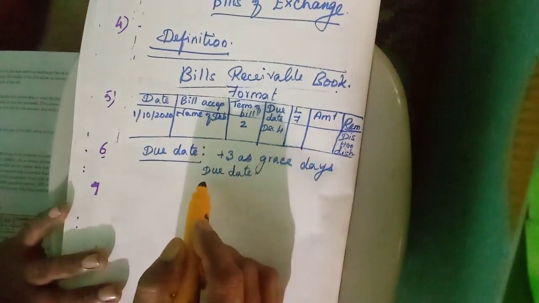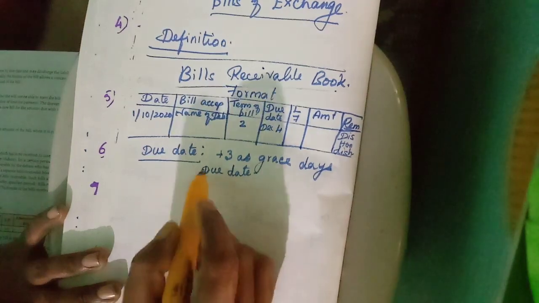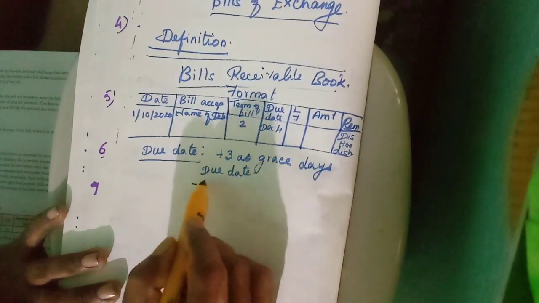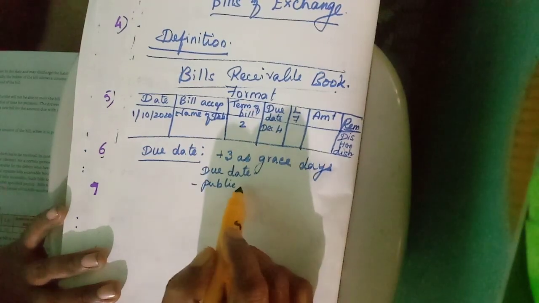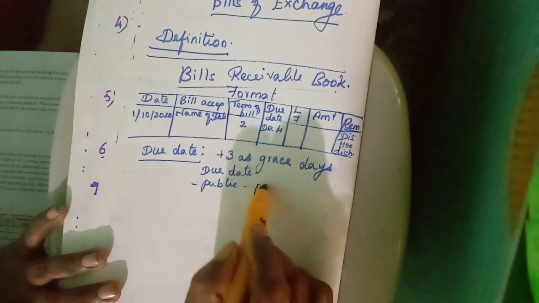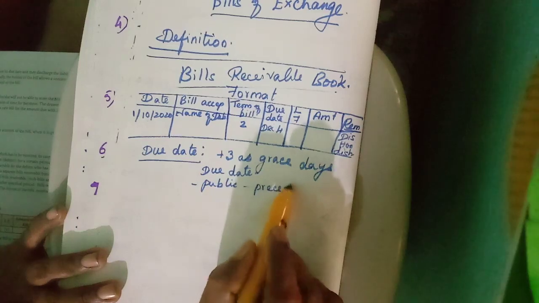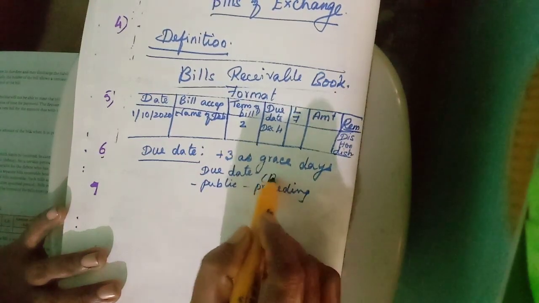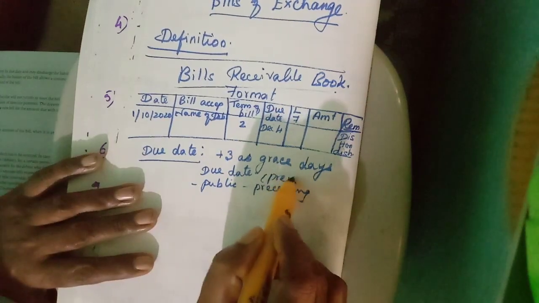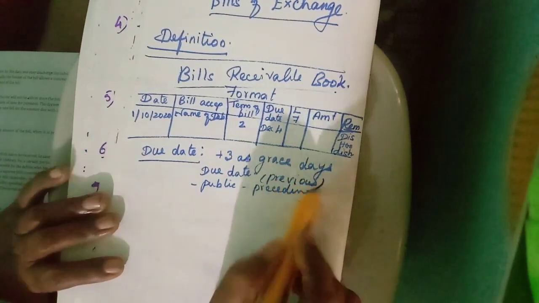Then here, I taught yesterday, isn't it? If the due date falls on a public holiday, then the preceding day, meaning the previous day, will be the due date. Okay, preceding day means the previous day.